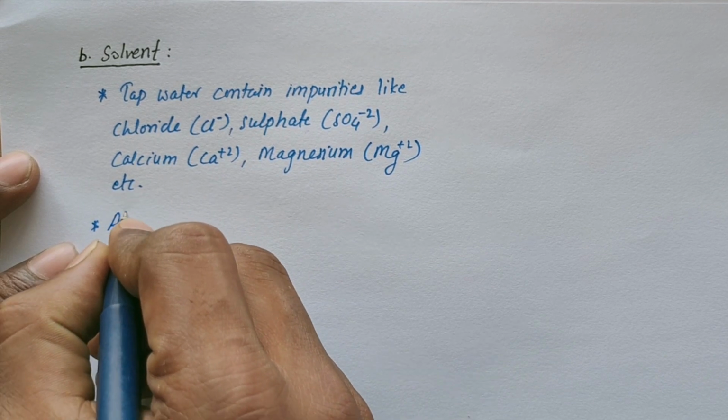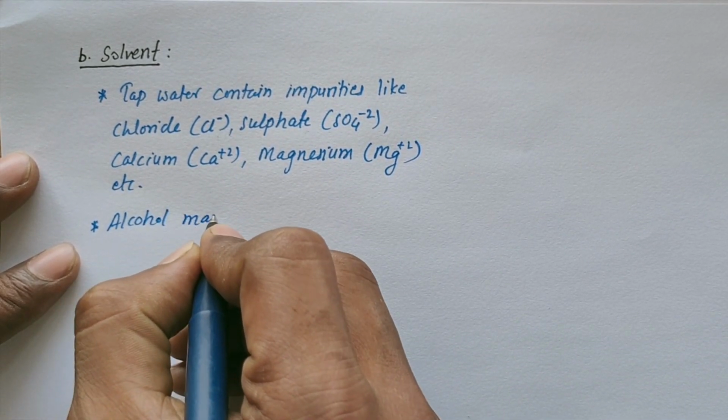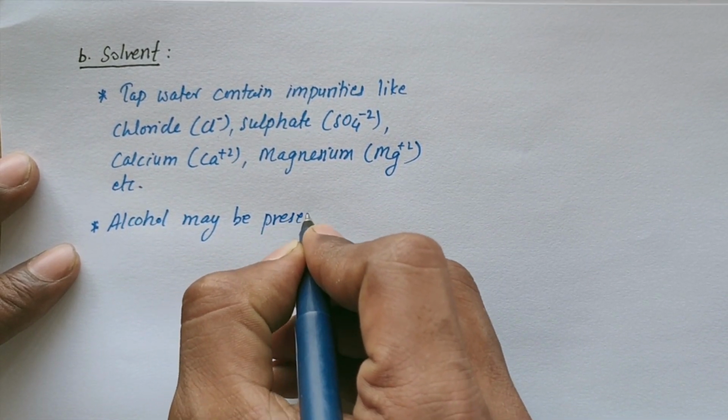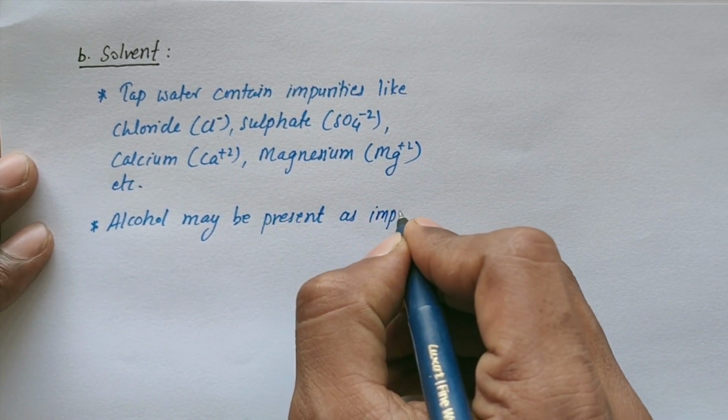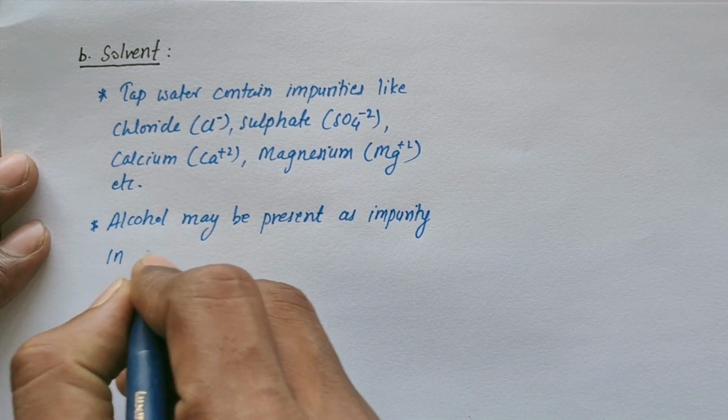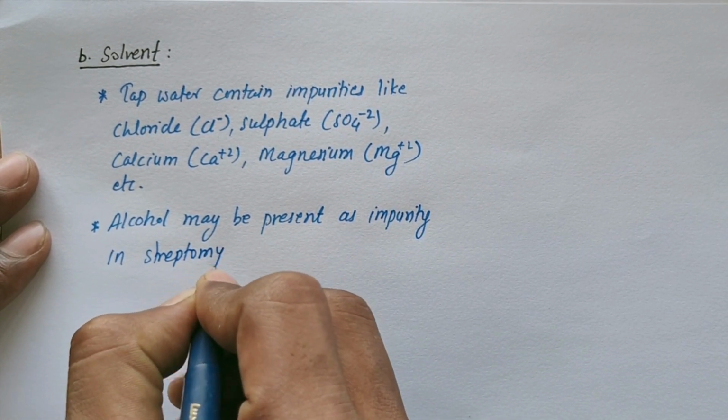Alcohol may be present in streptomycin as an impurity. Why? Because alcohol is used as a solvent in streptomycin preparation.